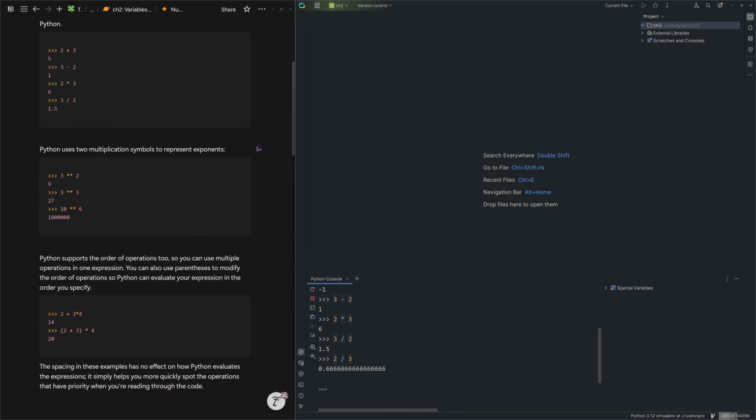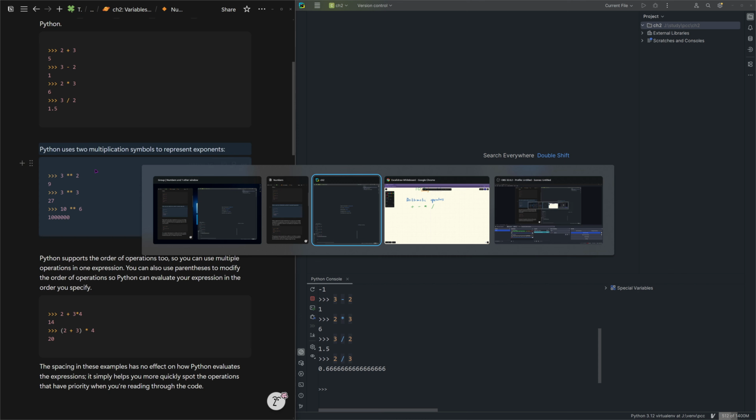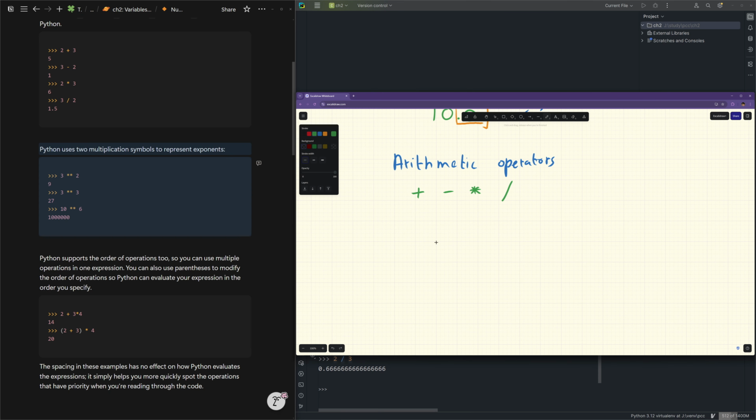Now let's read this section. Python uses two multiplication symbols to represent exponents. Let's talk a little bit about exponentiation, or we also call it power exponents. Let me give it a heading, exponents.